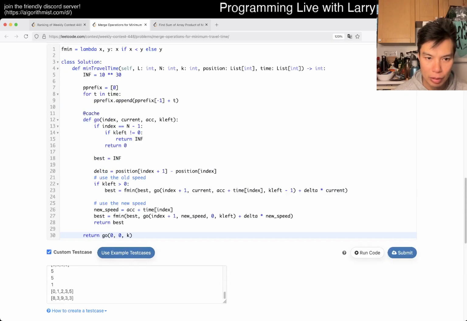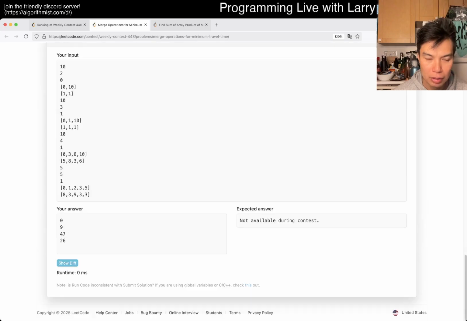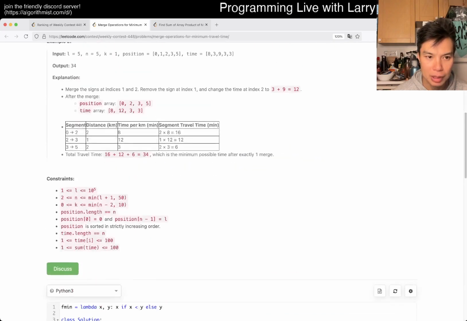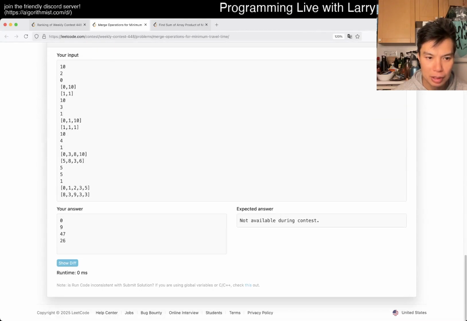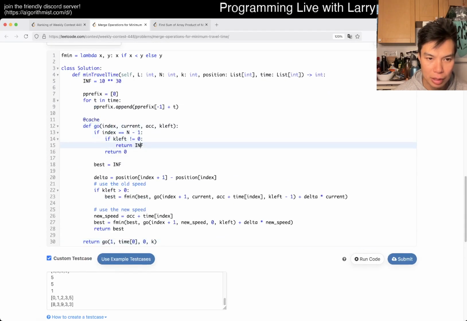And then now we go from the first index, the current speed is going to be time sub 0, accumulator 0, k left is right? 0, 9, 47, 26. I mean, we're missing something, but that's fine, because this should obviously not be 0, right? So we go to the first one.